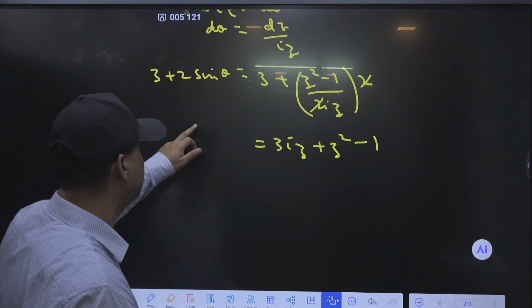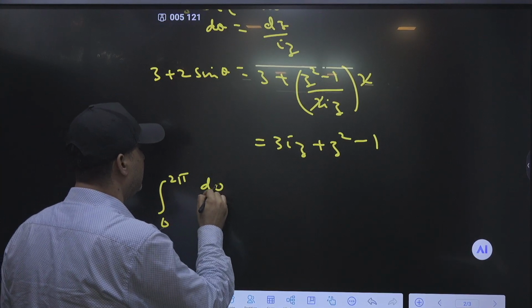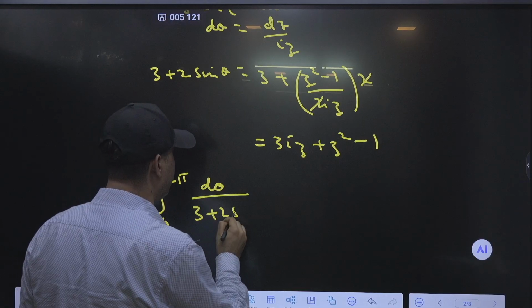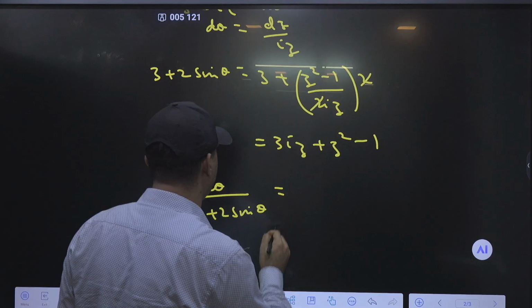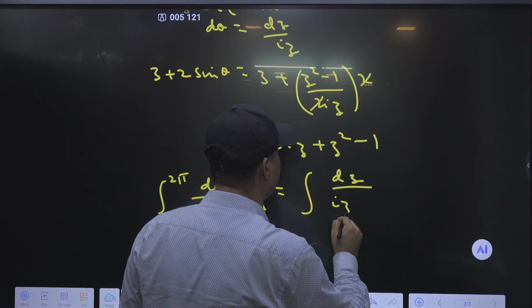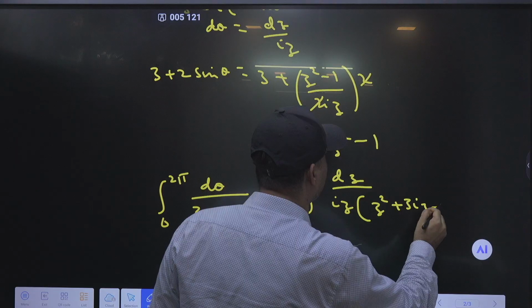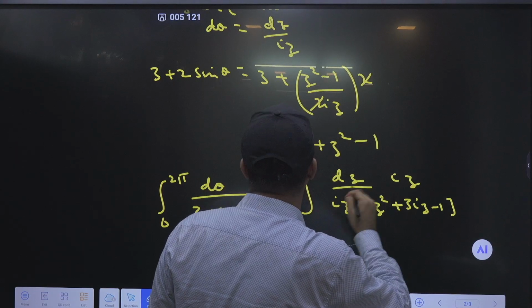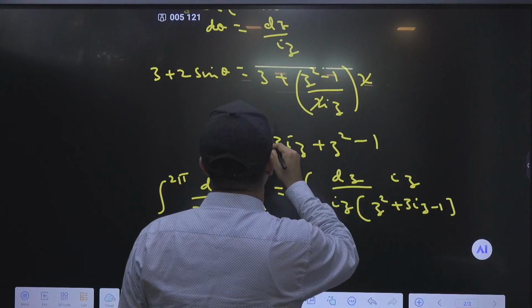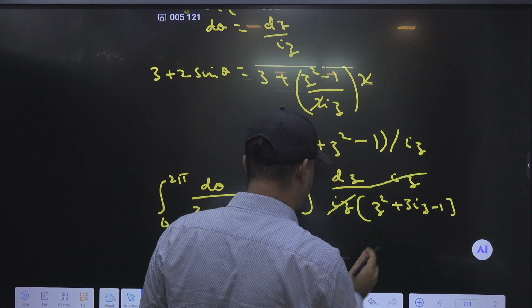So this is the value. So if I substitute in the integral from 0 to 2 pi of d theta upon 3 plus 2 sine theta, now this d theta is dz upon iz, and the denominator is z square plus 3iz minus 1 upon iz, correct, because I also have an iz here. So this iz gets cancelled.